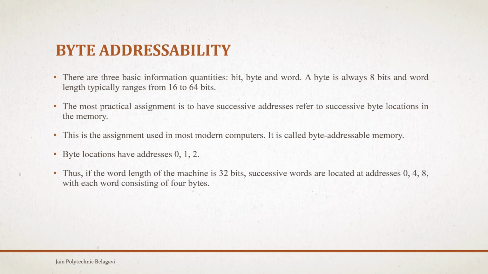Now, suppose the word length of the machine is 32 bits. Since 1 byte contains 8 bits, 32 bits consists of 4 bytes. So the successive words are located at addresses 0, 4, 8, with each word consisting of 4 bytes.